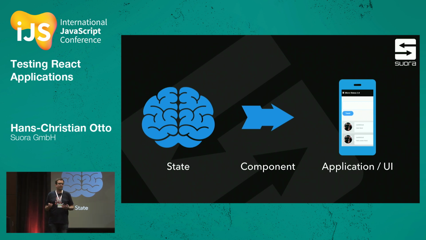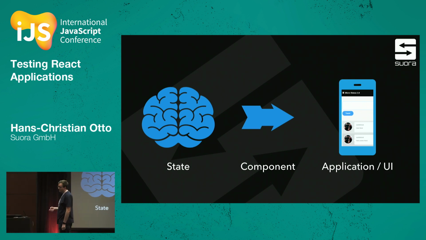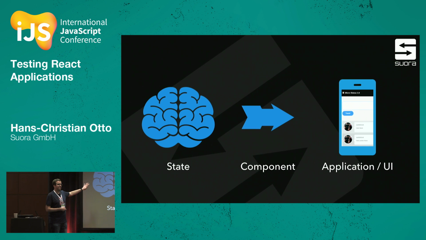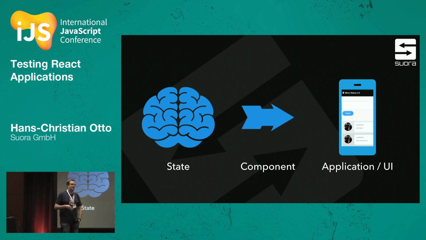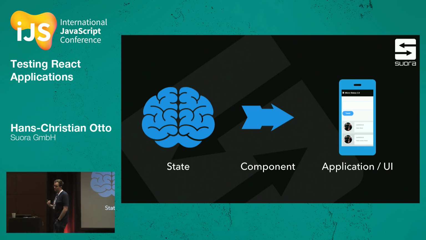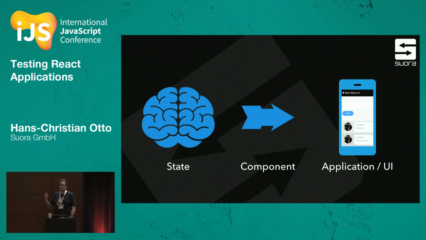With React, that's quite often done with Redux or MobX or MobX State Tree or even GraphQL or whatever. And I think this is a very important concept because it does not really matter how we get to the state. The important part is our component only gets the state and is responsible for displaying some kind of a UI after transforming the state to HTML or to JSX, actually.